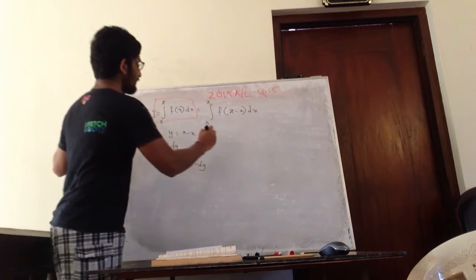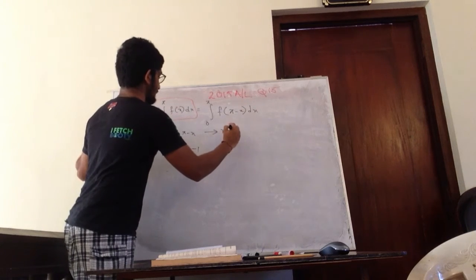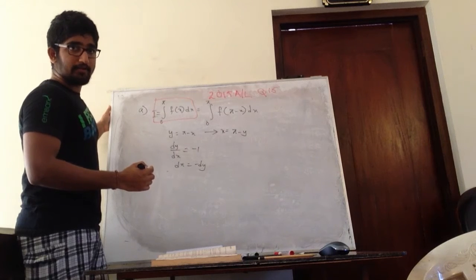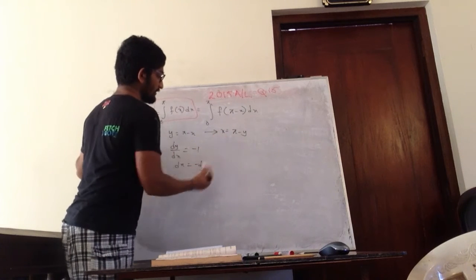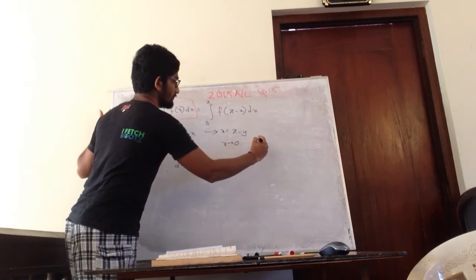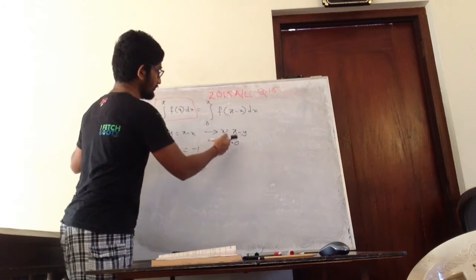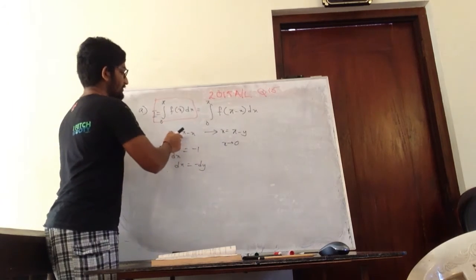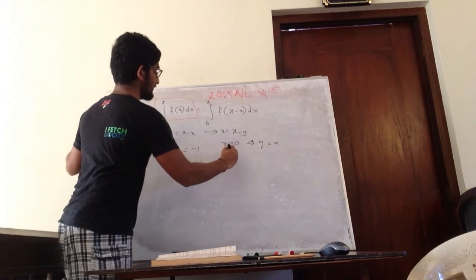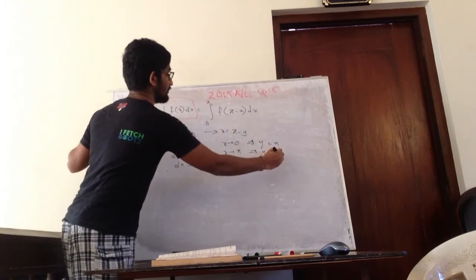Then x is 5 minus y. Now I'm going to put the limits. When x goes to 0, from here it's easy to find, y goes to 5. When x goes to 5, y goes to 0.